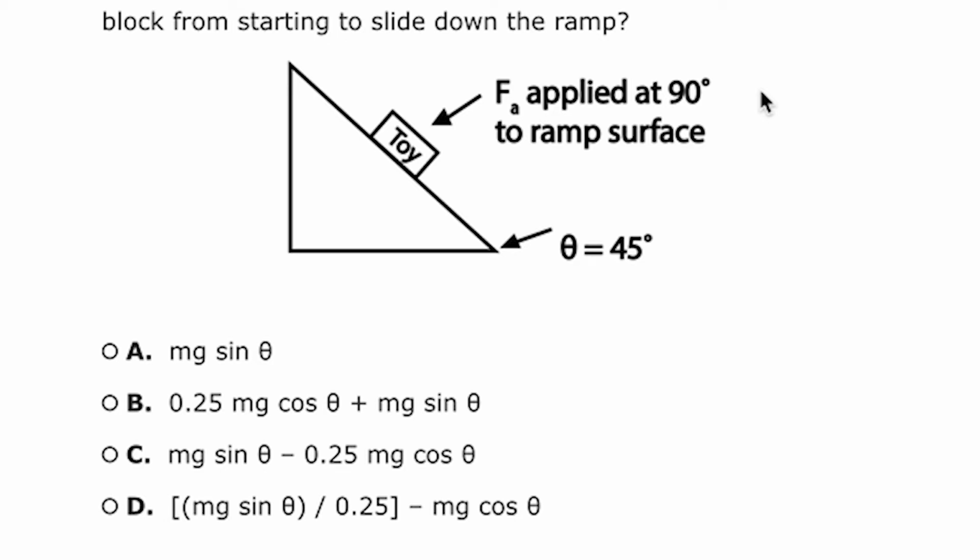So that means that the normal force is equal to mg sine theta divided by 0.25. So if we go back, we know this force of pushing is the normal force minus mg cosine theta, and we know that the normal force is mg sine theta divided by 0.25, then the force of pushing has got to be mg sine theta divided by 0.25 minus mg cosine theta, which is going to be D.